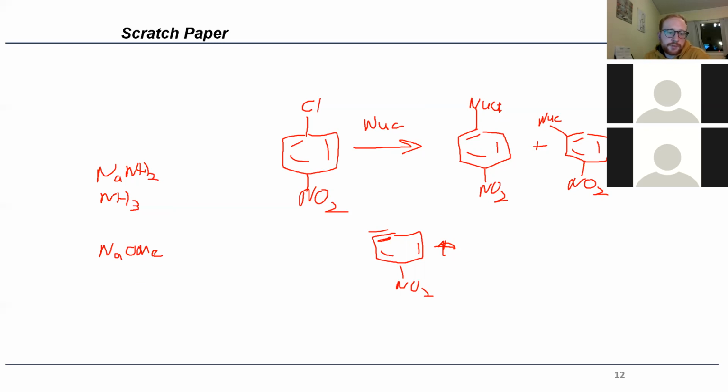So on question 4 on the PSET, there's a situation like this, and it asks which positions would likely undergo SNAr. The answer key has this position highlighted as potentially going through SNAr.